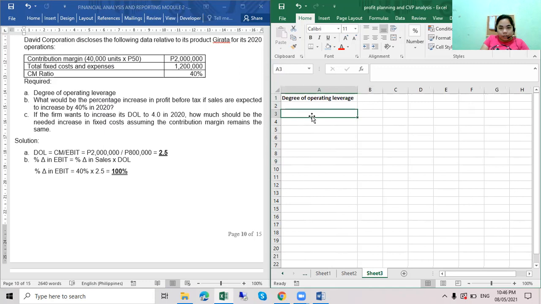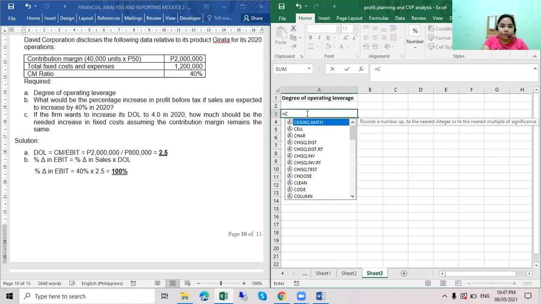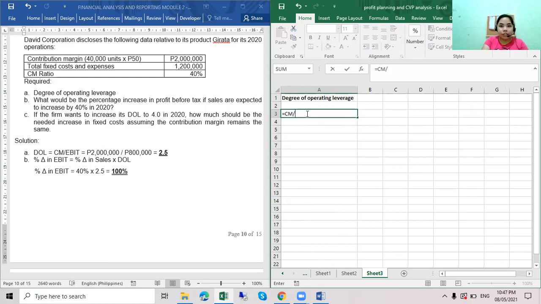The formula for DOL is your CM divided by EBIT, earnings before interest and taxes.